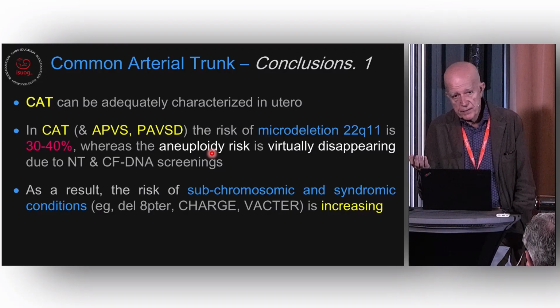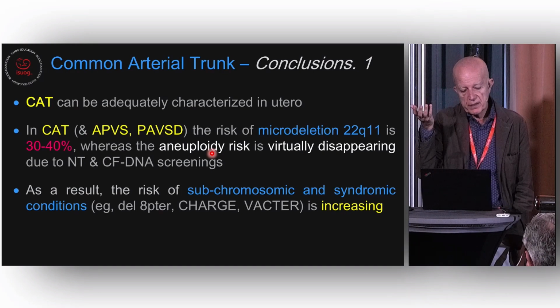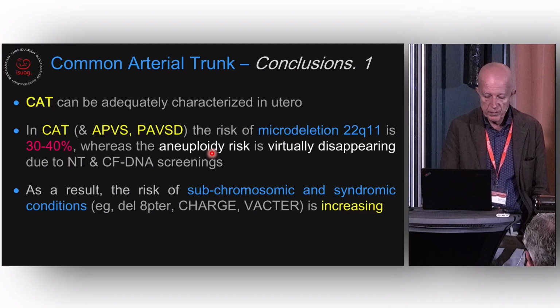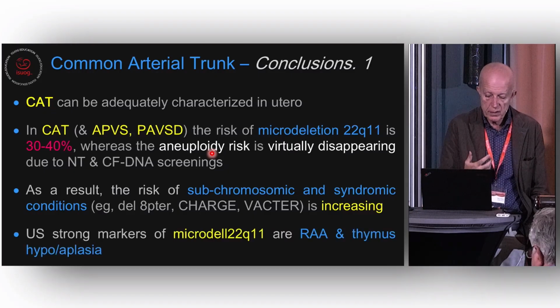As a result, if you decrease the incidence of one condition, you increase relatively the incidence of the other condition, and that's in keeping with the Rabbi's talk before on rare genetic conditions.